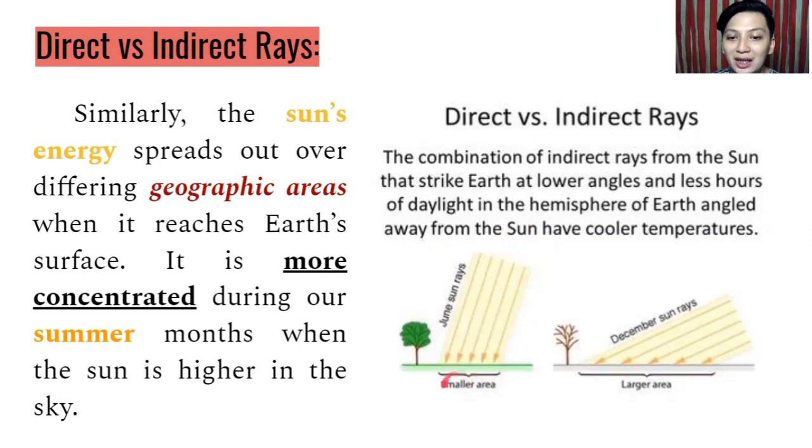So only a smaller area. Okay? On the other hand, during December sun rays, you can see that the sunlight rays is at what? This angle, slightly slanting. Okay? Unlike at the June sun rays. So what? It covers a larger area than June sun rays.